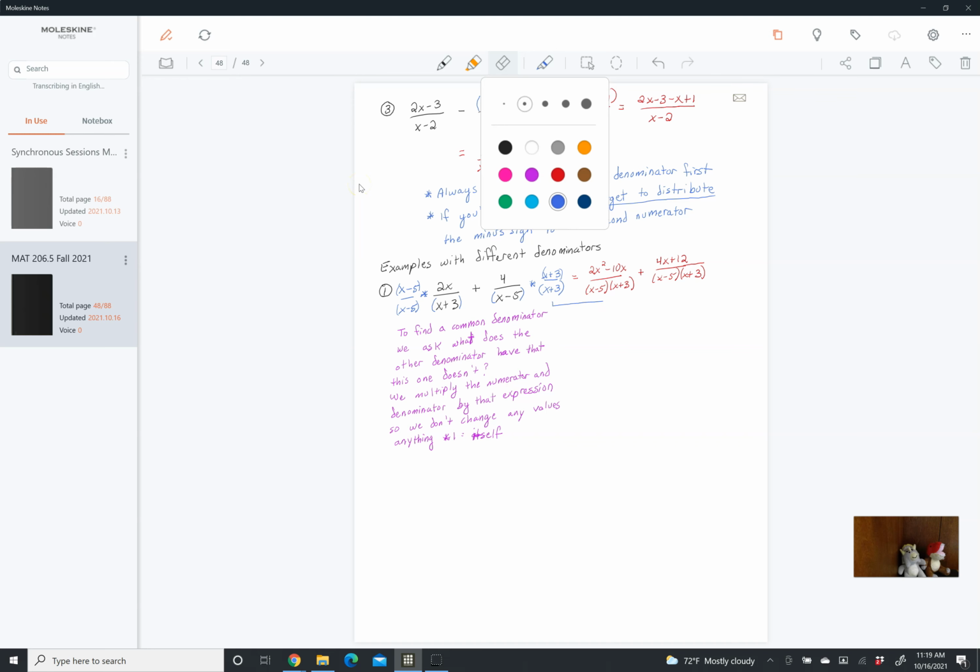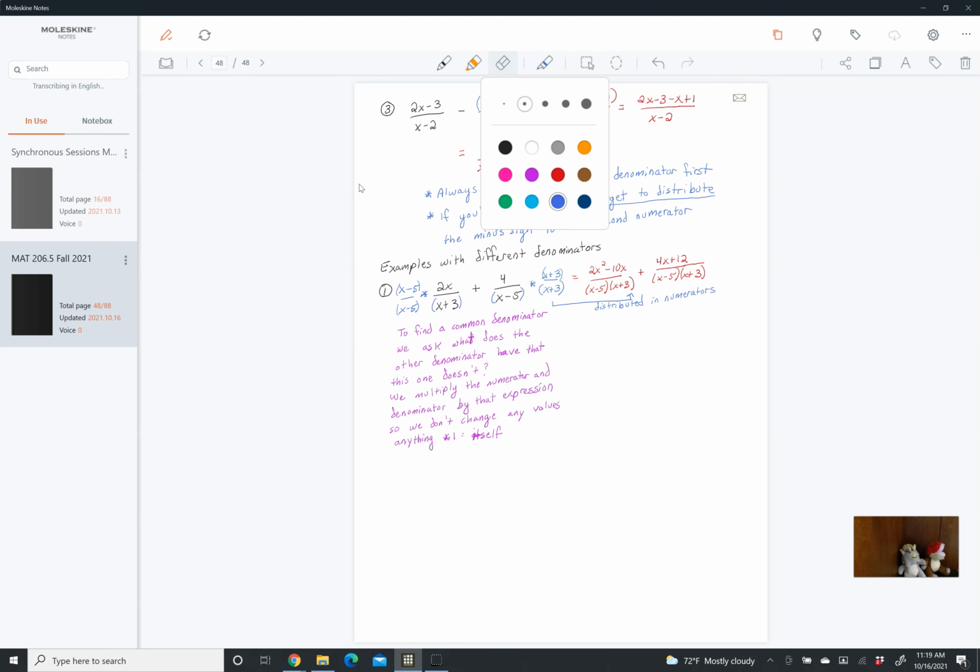So here we distributed in the numerators. In the denominators, we just left them as being multiplied. You'll see why in a minute.